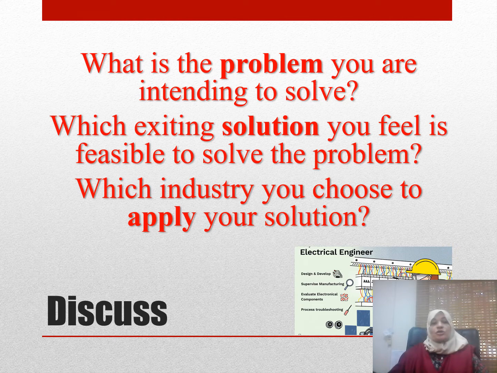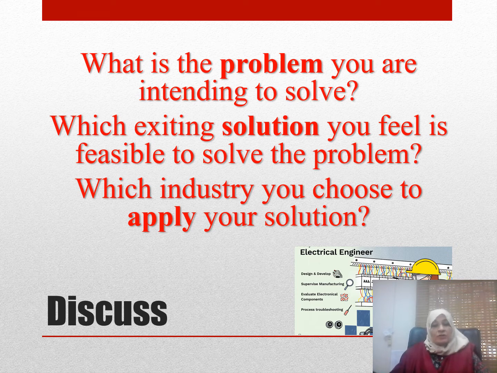Then again in discussion number 1, we will talk about what the existing solutions available are, and which existing solution you feel is feasible in order to solve the problem that you have identified. And then finally, we will talk about which industry you choose to apply your solution in. So see, these 3 questions are not different from the table we have just seen.